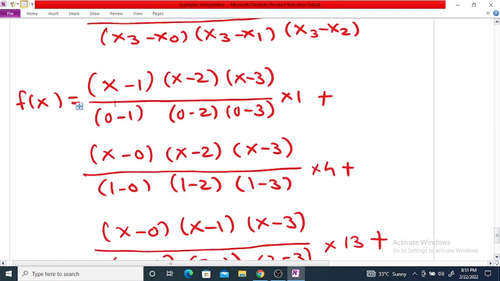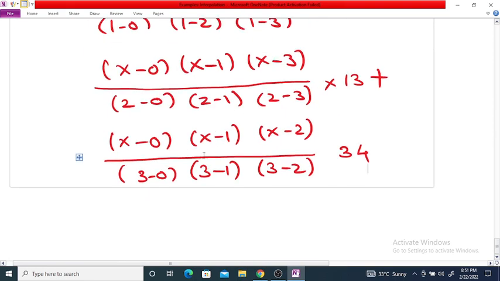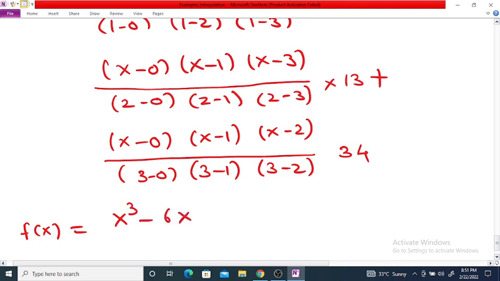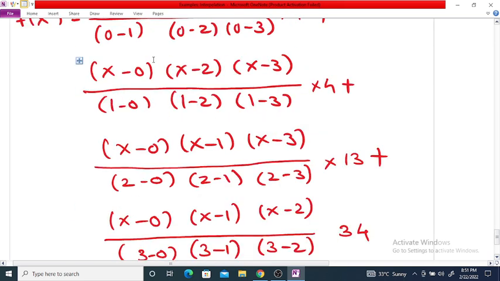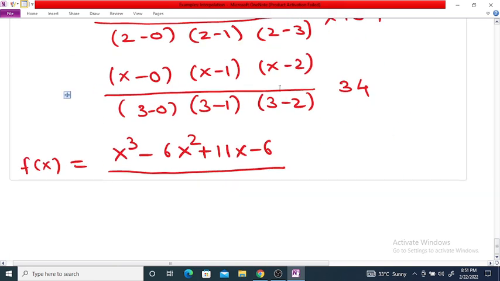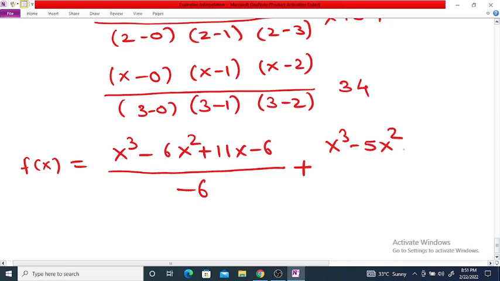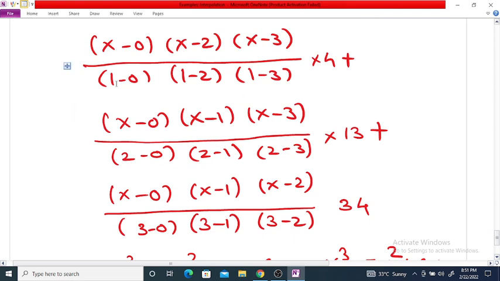Now if you simplify (x minus 1)(x minus 2)(x minus 3), we get f of x equal to x cube minus 6x square plus 11x minus 6 divided by minus 1 into minus 2 into minus 3, which is minus 6, plus x cube minus 5x square plus 6x divided by 2 into 1 minus 0 is 1, 1 minus 2 is minus 1, and 1 minus 3 is minus 2.